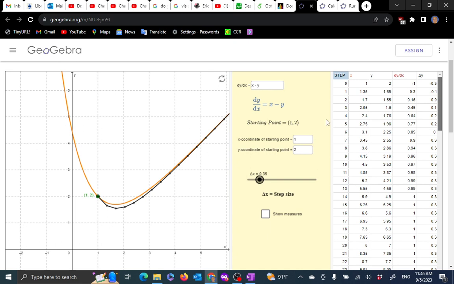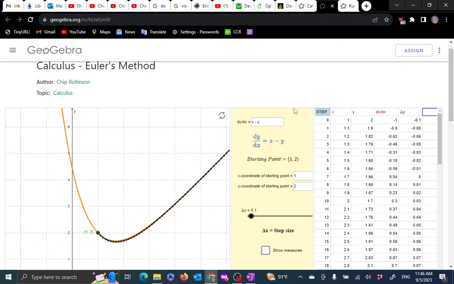Delta x was 0.35 here, and then you get 1.35 and so on. The one we just did by hand, remember, it was 1 and 2. Delta x was 0.1. So these are the numbers that we were just working on. And then you can go all the way to step 100.